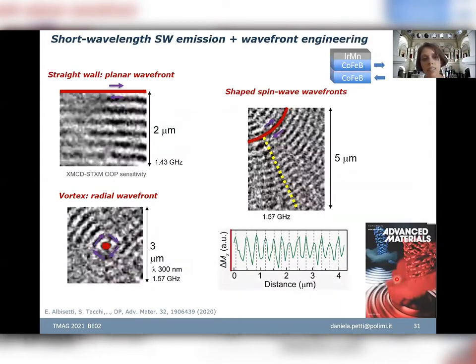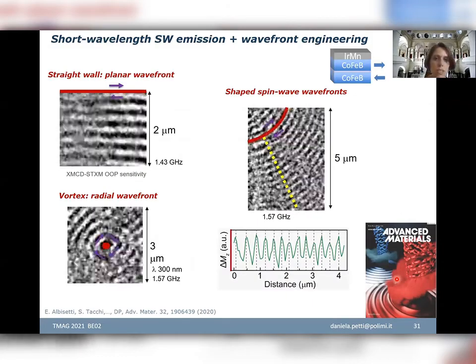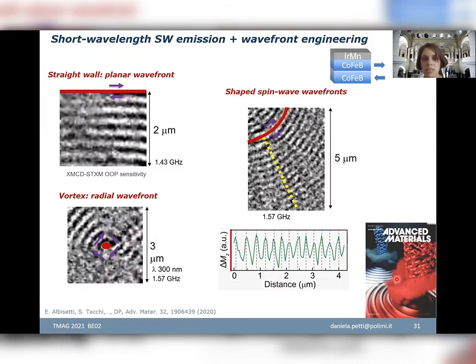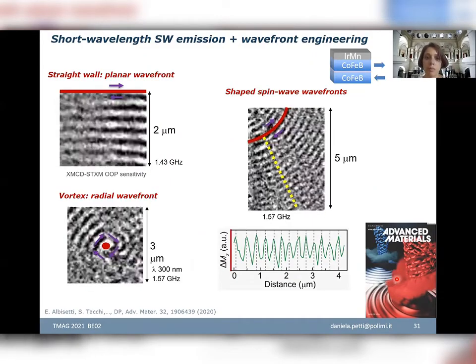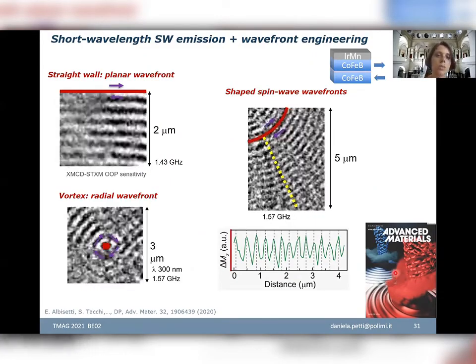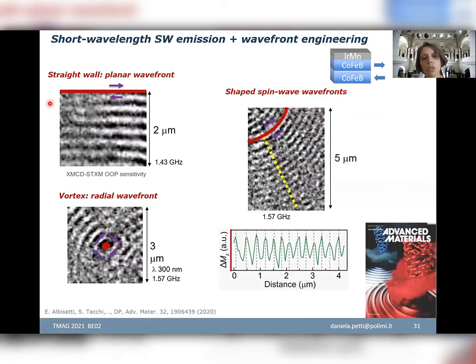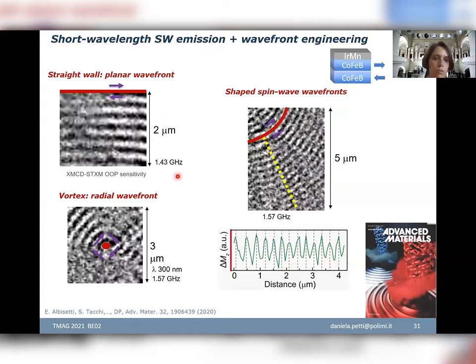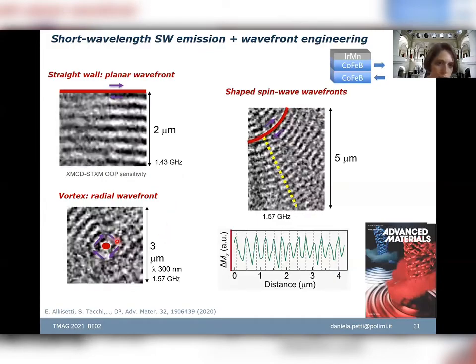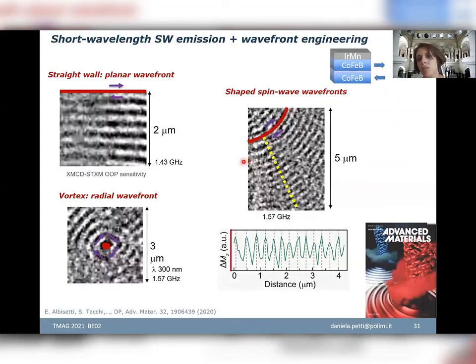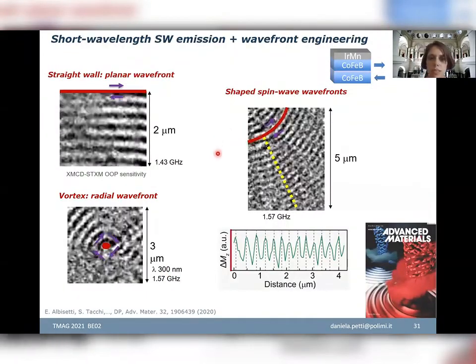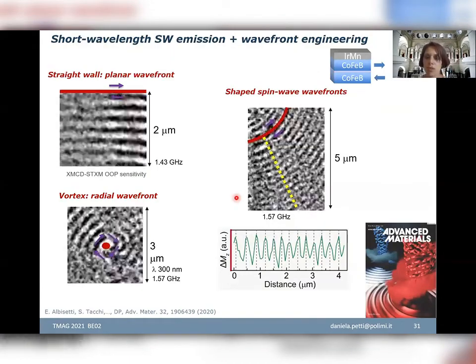This is again an STXM image in which, in this case, the black and white contrast is due to the variation of the out-of-plane component of the magnetization. And here you can see on the right that a straight wall is able to excite a planar wavefront, while a vortex excites a radial wavefront, while a curved domain wall is able to excite a shaped wavefront.